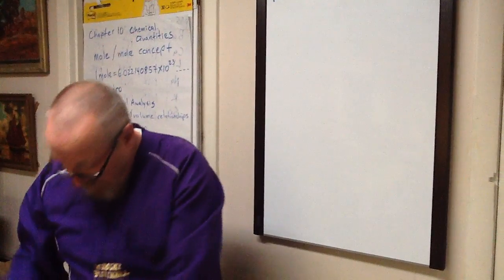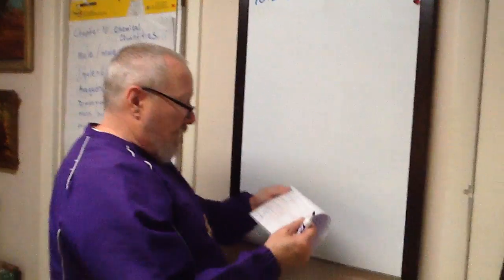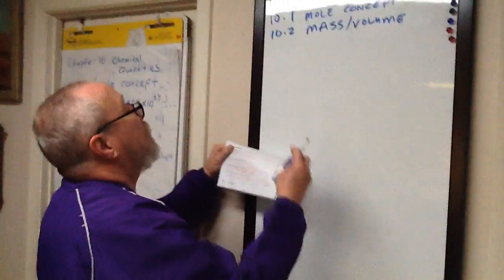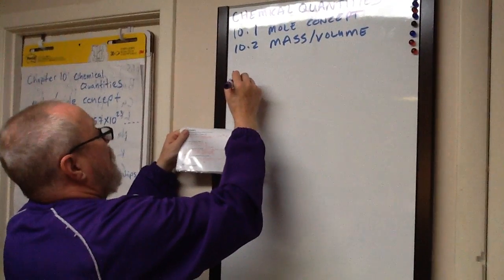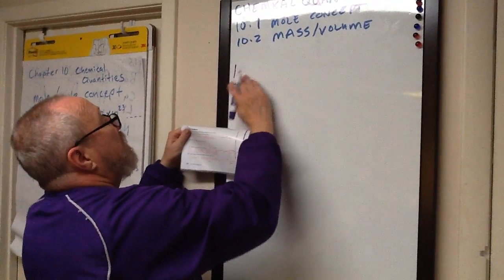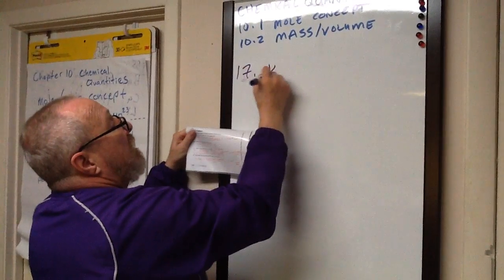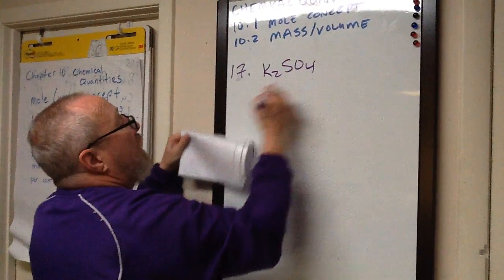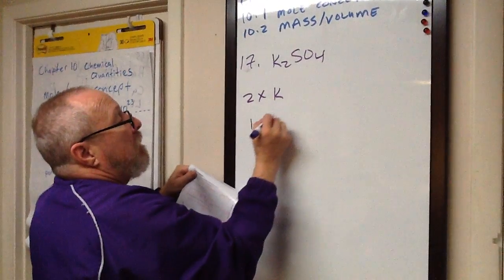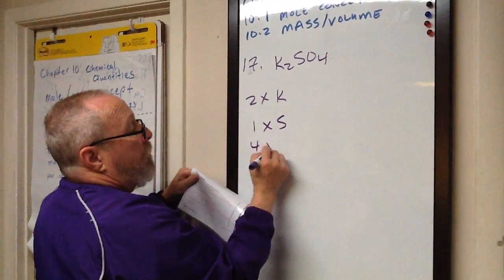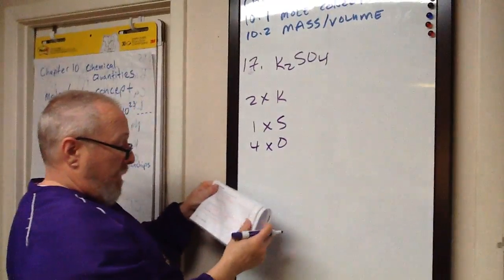The next 2 finds the mass of K2SO4, which is potassium sulfate. So this is 16, nope, this one would now be 17. And K2SO4 has 2 potassiums, 1 sulfur, and 4 oxygen. Okay?